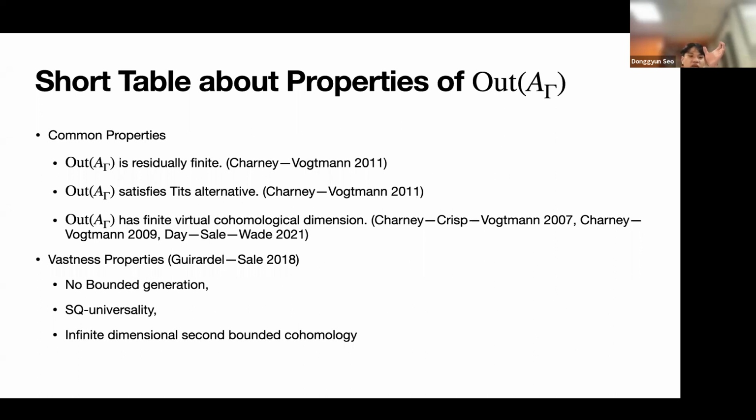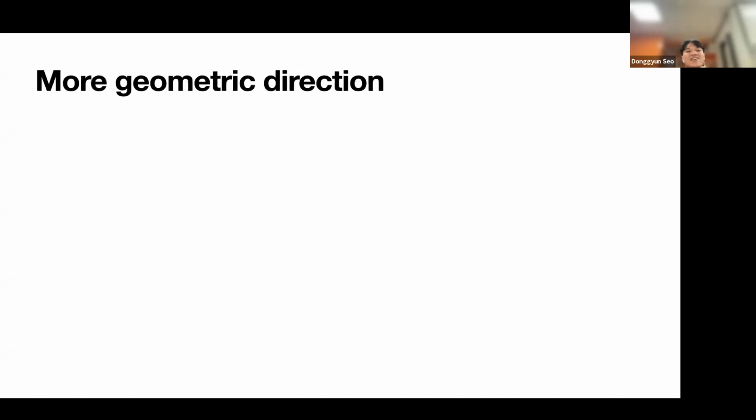The part containing the RFN satisfies some largeness properties. Guerrero and Seo showed that this part satisfies no bounded generation and SQ-universality, and they have infinitely many quasi-morphisms.